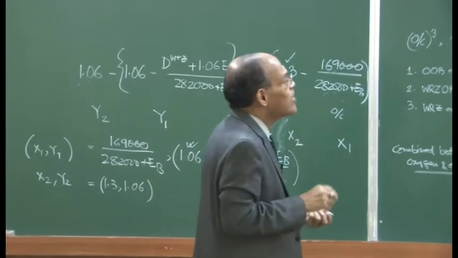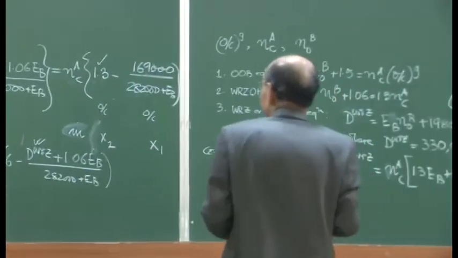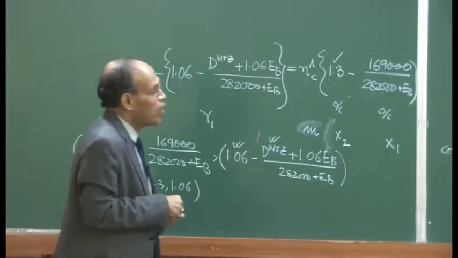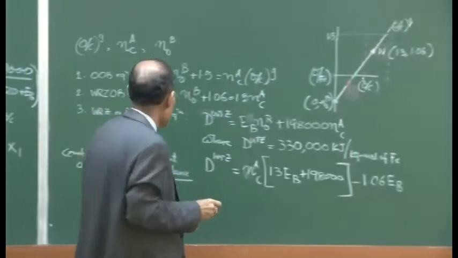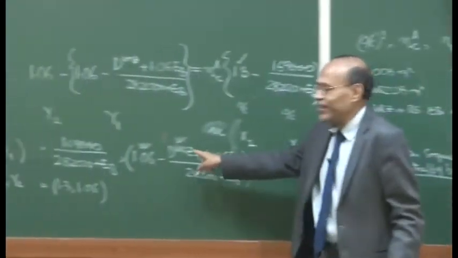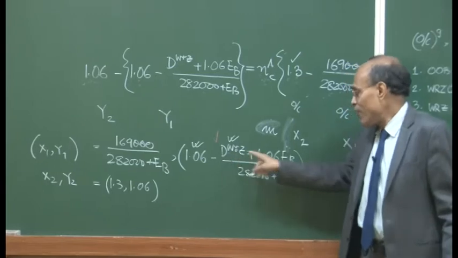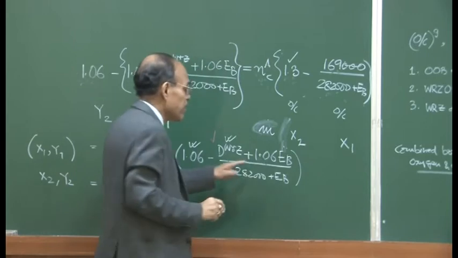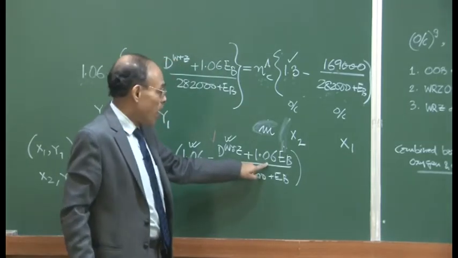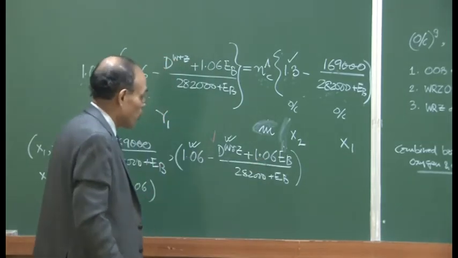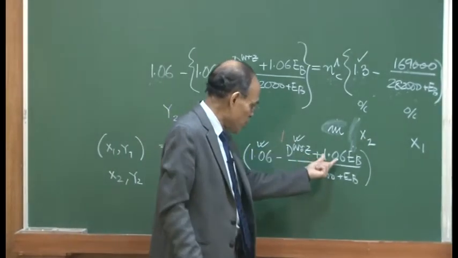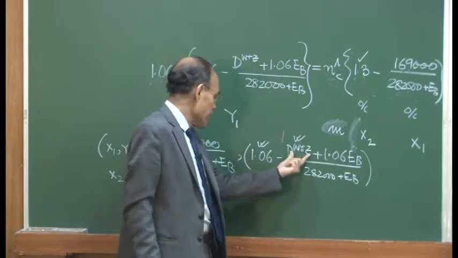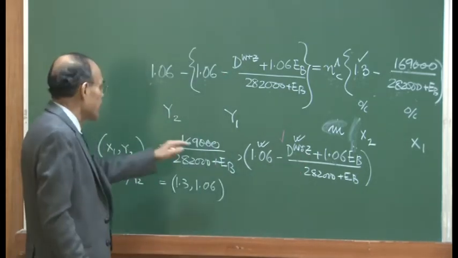So, therefore, it essentially indicates, the other way I can put it, on an O by C versus O by Fe plot, if I can somehow calculate the dWRZ, if I can somehow calculate the coefficients of Eb, which essentially indicates the oxygen input per unit mole of Fe produced via the ore material itself, if this coefficient can be exactly calculated, if dWRZ can be exactly calculated, then x1, y1 can be calculated.